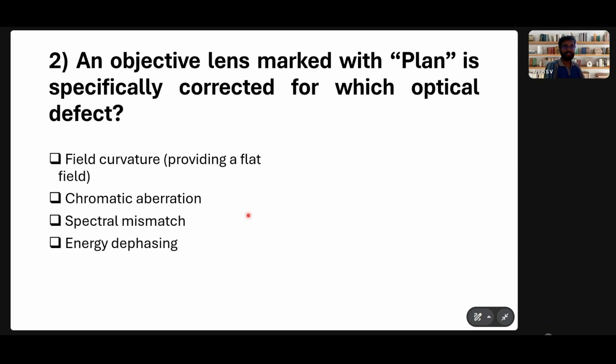I think I've purposefully given some foreign concepts because at least two of them we haven't come across so far. So the answer is option A, just field curvature, providing a flat field.